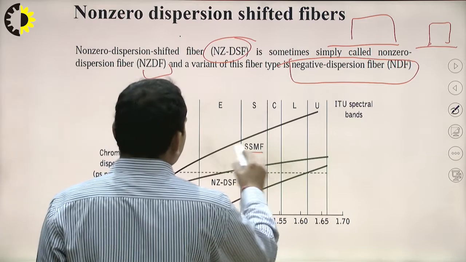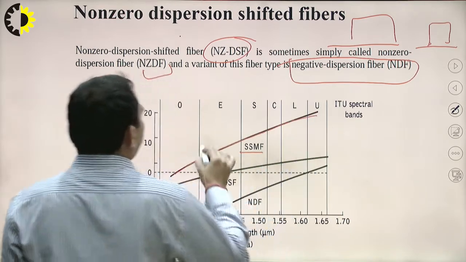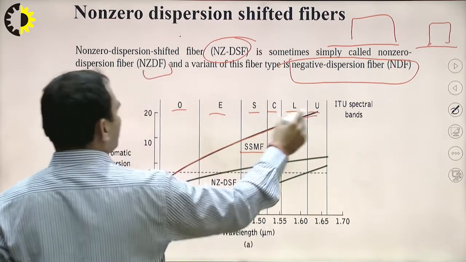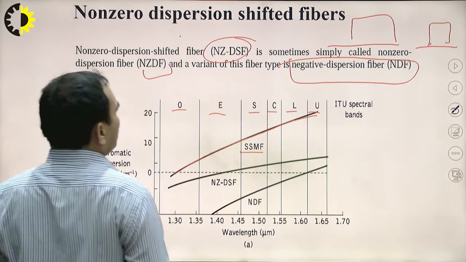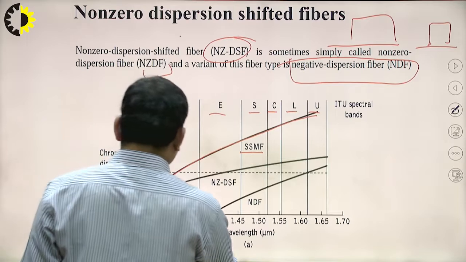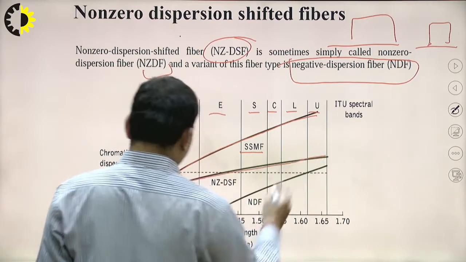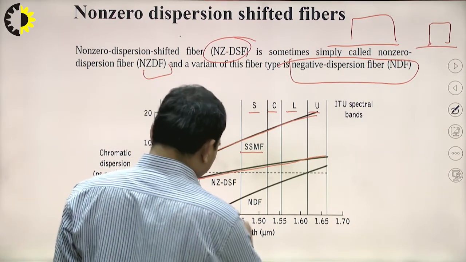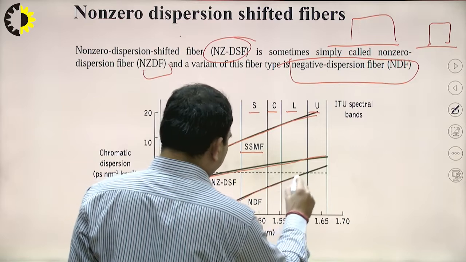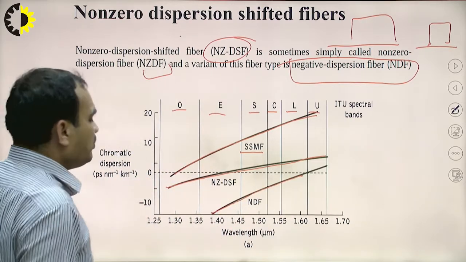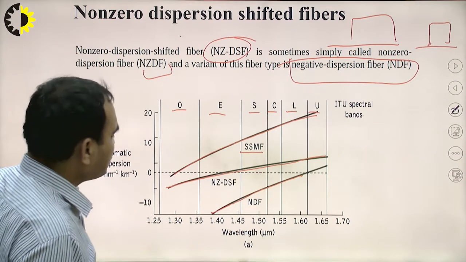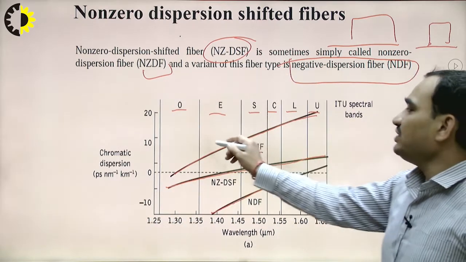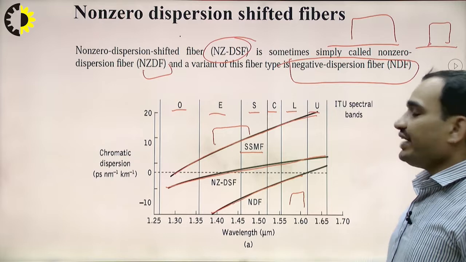Here we have the standard single mode fiber given by this curve for the bands, that is original band, extended band, short band, conventional band, L band and U band, from O to U. Here we have the non-zero dispersion shifted fiber, which has a profile approximately close to 0, and the negative dispersion fiber, in which, over the entire wavelength range from 1.4 micrometer to 1.6 micrometer, the value is negative. So instead of very broad pulses, here we are getting narrowing pulses.